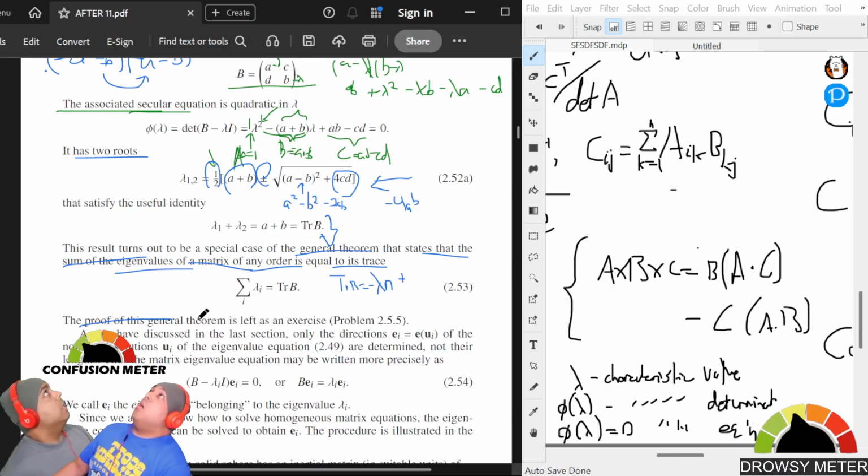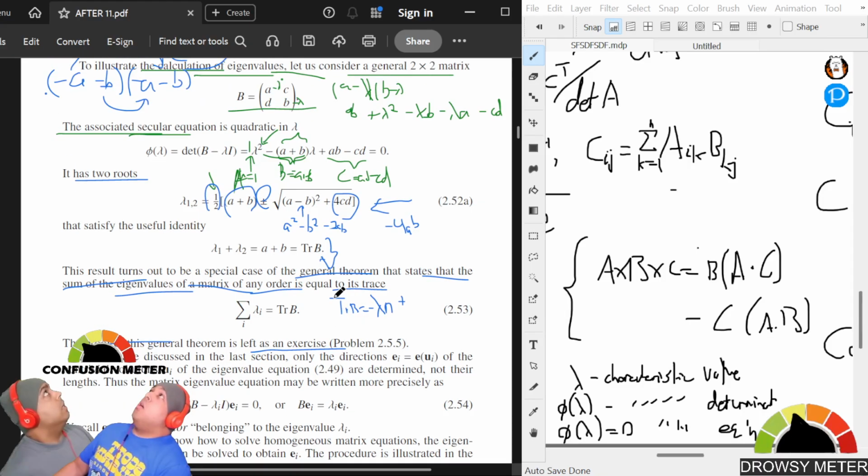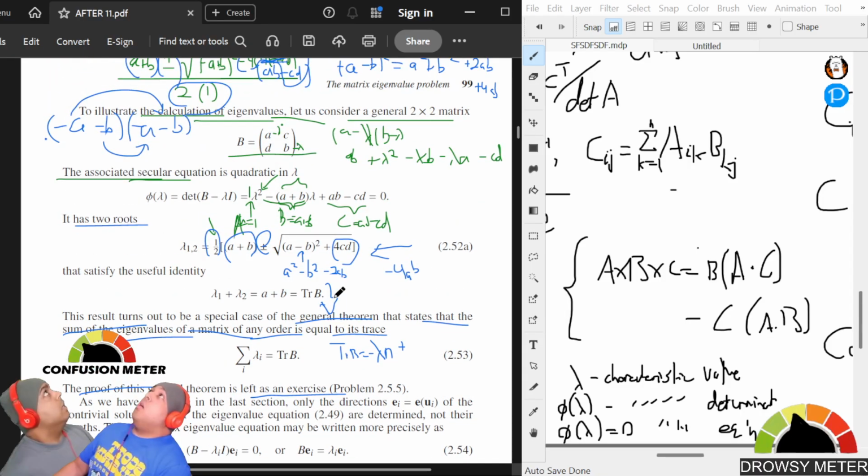The proof is left as an exercise. An eigenvalue. A plus b plus or minus.